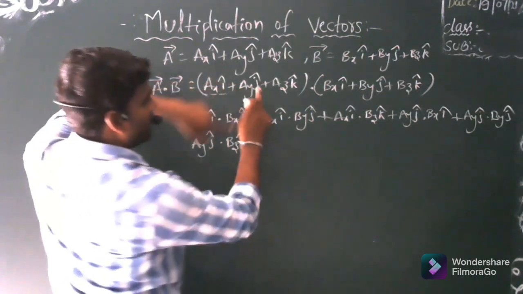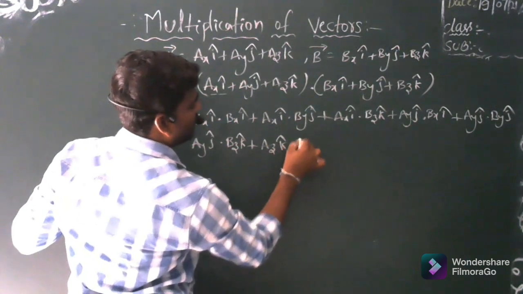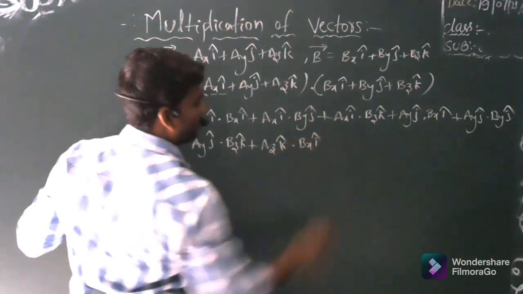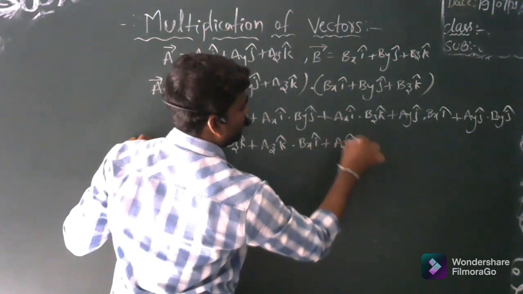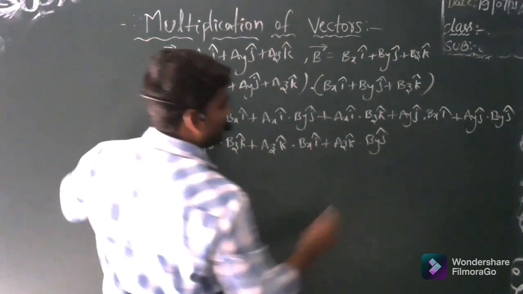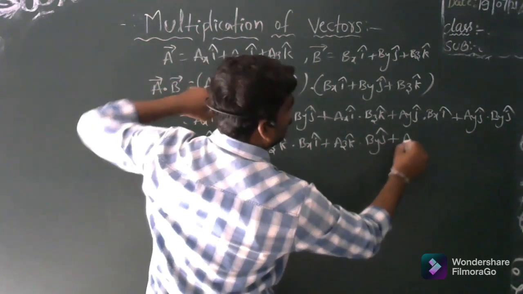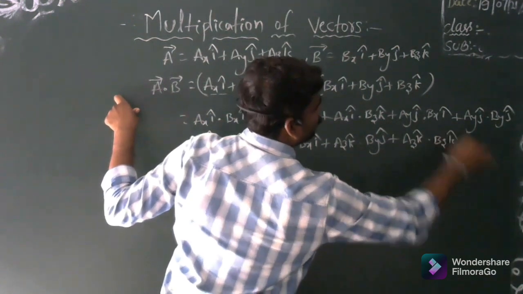After completion with Ay, move on to Az. So Az k cap dot Bx i cap, plus Az k cap dot By j cap, and after that plus Az k cap dot Bz k cap.